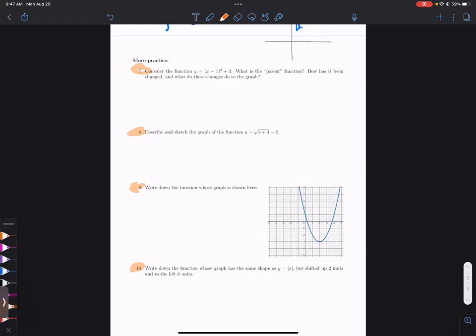So think about what kind of thing that is, how it compares to the default thing and what that would mean. And then the last one, write down the function whose graph has the same shape as y equals absolute x. Okay, so it's this kind of graph, but has shifted these different ways. So we are going to pick up tomorrow with those 4 things.